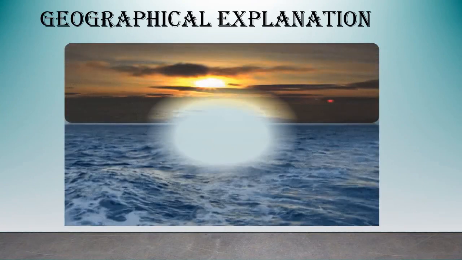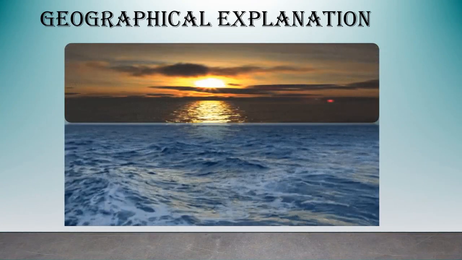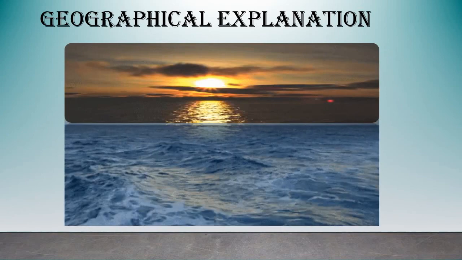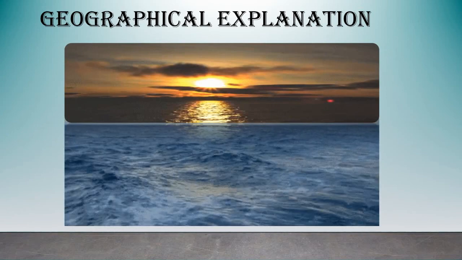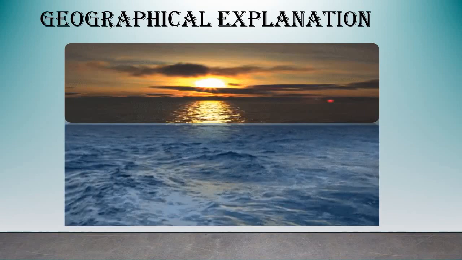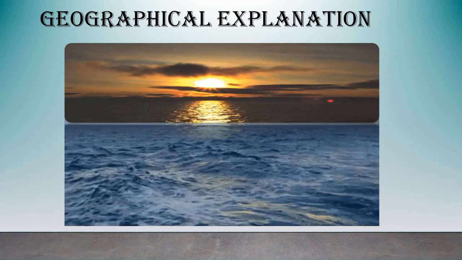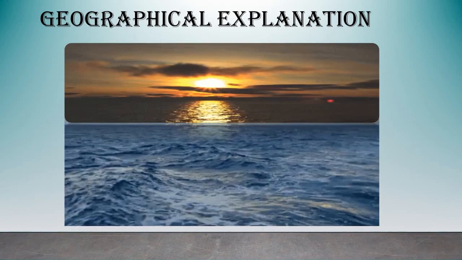Student, in a previous slide, we have studied about the thermal graph. Let us study what is the geographical reason behind that. While most of the sun rays radiate back from the surface of the sea, some of them penetrate to a certain depth in the water. As a result, the intensity of the sun rays decreases with the increasing depth.